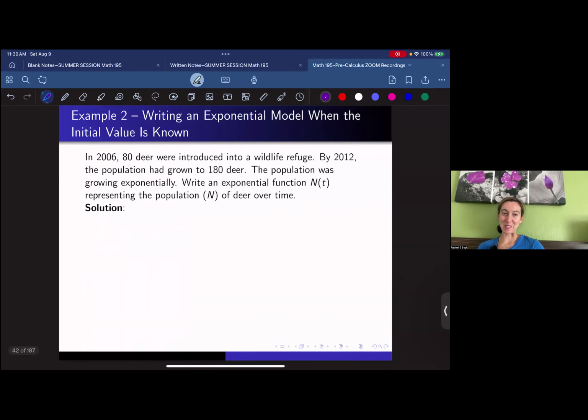All right, let's move on to example 2. We have in 2006, 80 deer were introduced into a wildlife refuge.